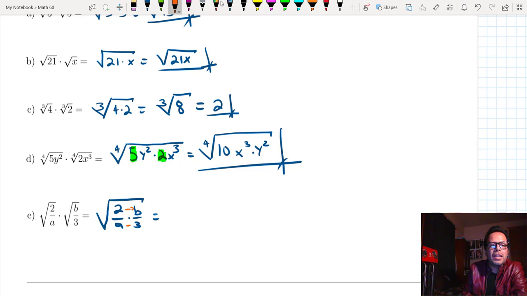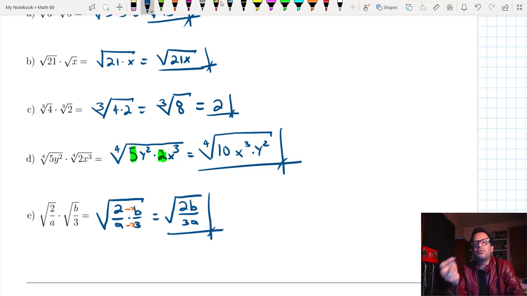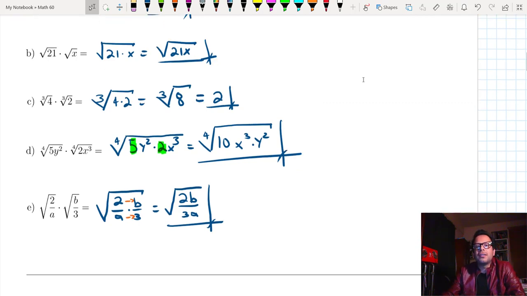Multiply 2 times b and a times 3. In the numerator, we get 2b, and in the denominator, 3a. And that's the final answer for us. There's nothing else to simplify because we cannot divide 2 by 3, and b over a is just b over a. There are no common factors to divide out.